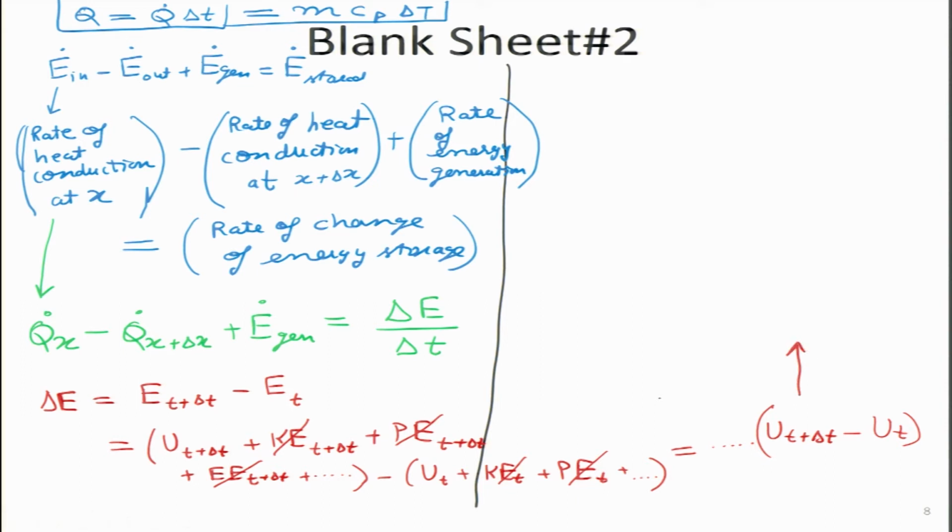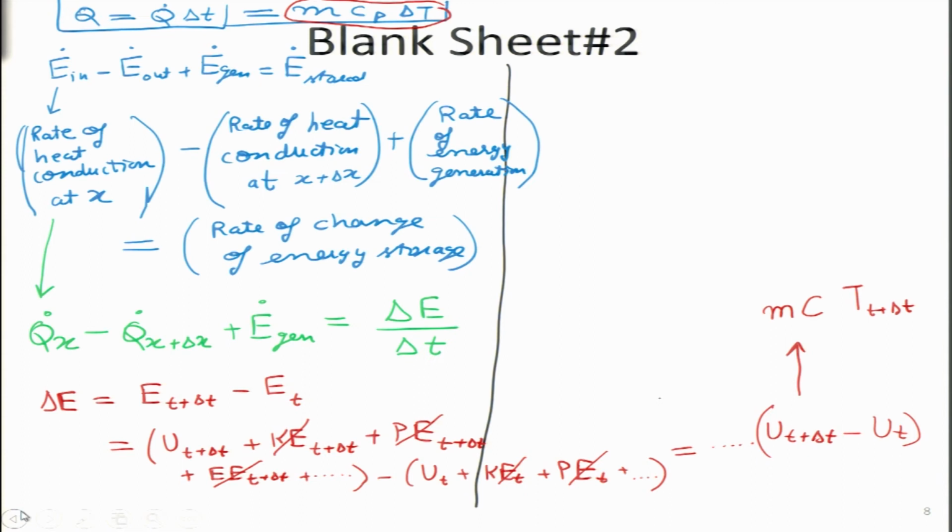Then it looks like this one I have already defined on the top over here, you can see this expression. So, what I can write is simply mass into specific heat C into temperature at t plus delta t minus the temperature at time t.